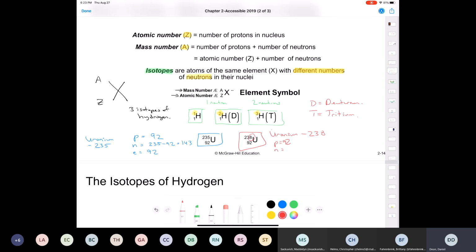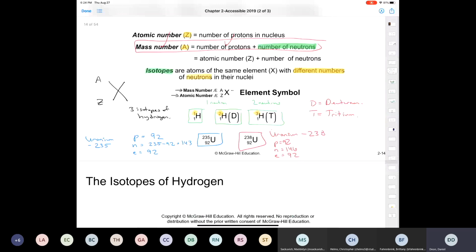Well, it's going to have 3 more. It's going to have a total of 146 neutrons. If you're confused about where I got that number from, I used this formula right here. I have the mass number and the number of protons, and therefore I can solve for the number of neutrons. And for the number of electrons in uranium-238, there's no charge indicated, so it must be 92 electrons.